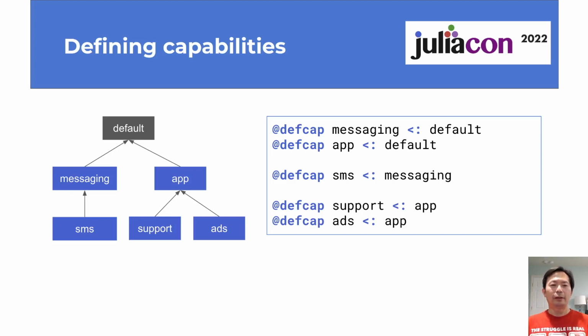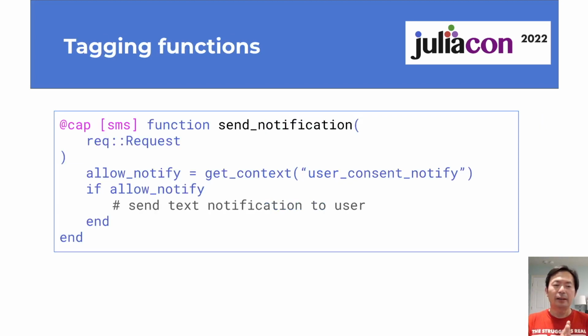At the top of this hierarchy, what I call default is a capability that allows you to do anything in the world. As you go down the hierarchy, you get fewer and fewer capabilities, right? So the messaging capability and ads capability are distinct and separate, but the support capability is able to provide functionality for both messaging and ads.